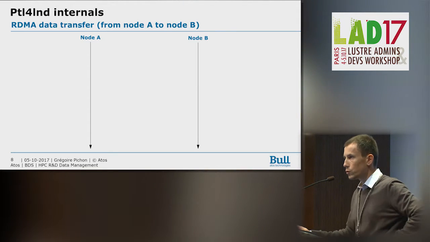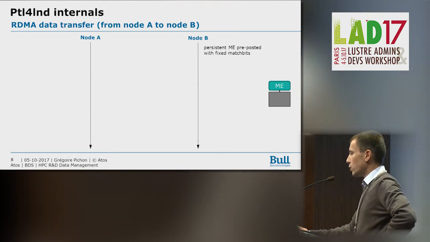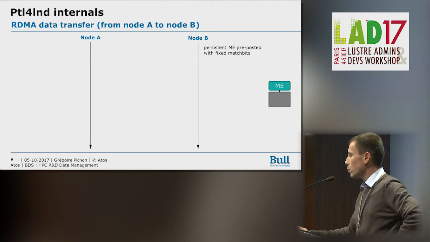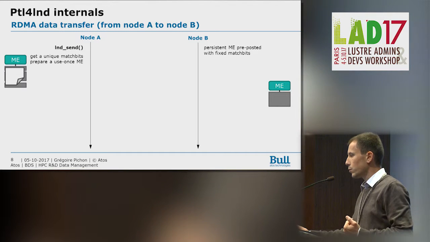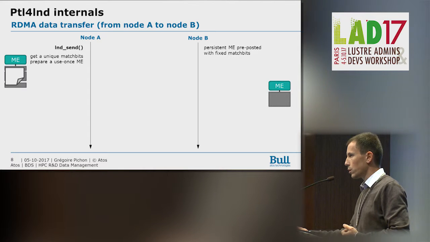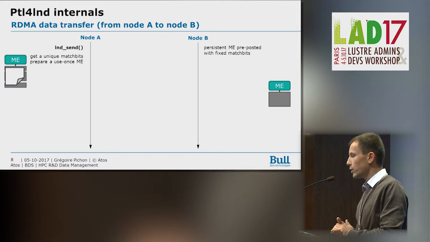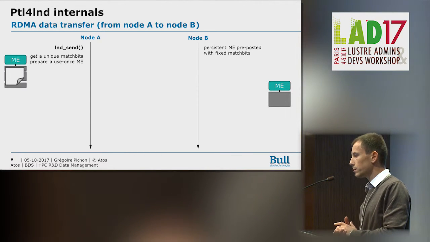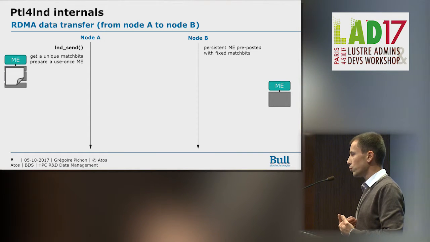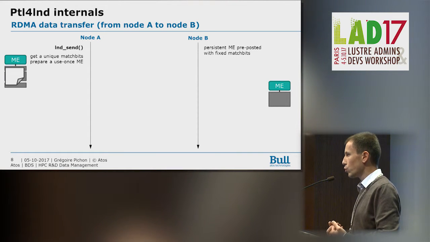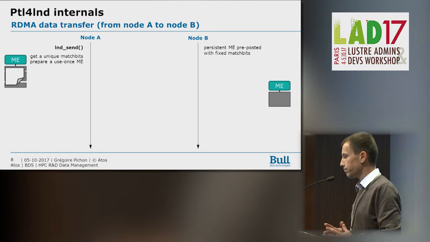This is a rendezvous setup. We start again with a pre-posted match entry on a fixed match bit. LND send is called by LNet, but we see that the size of the message allows performing an RDMA transfer. So node A allocates a unique match bit and prepares a match entry on its side for the RDMA transfer, the bulk transfer later.